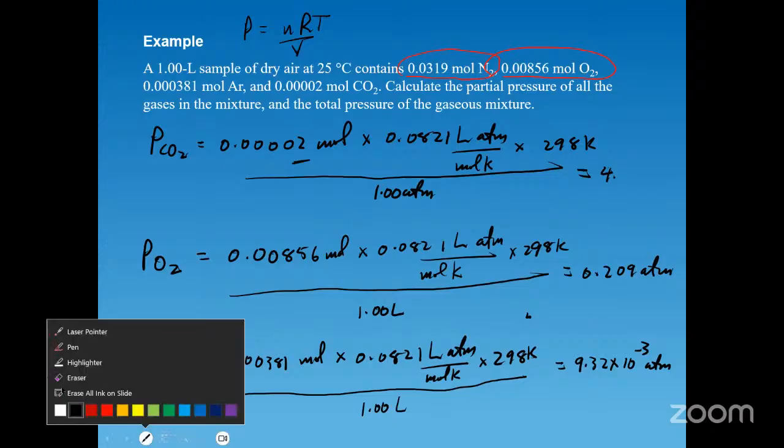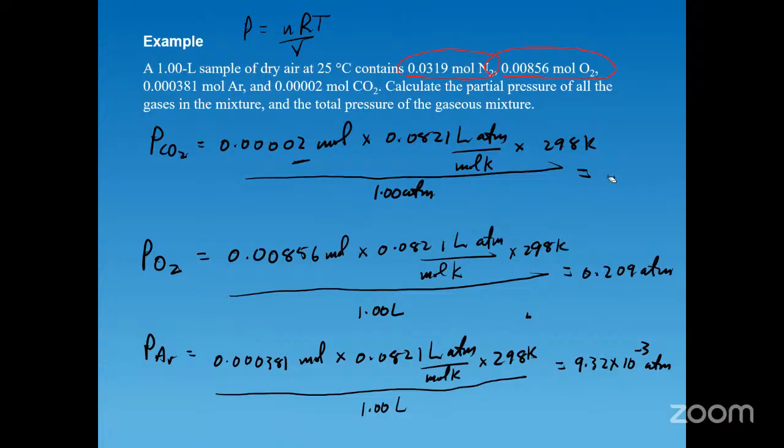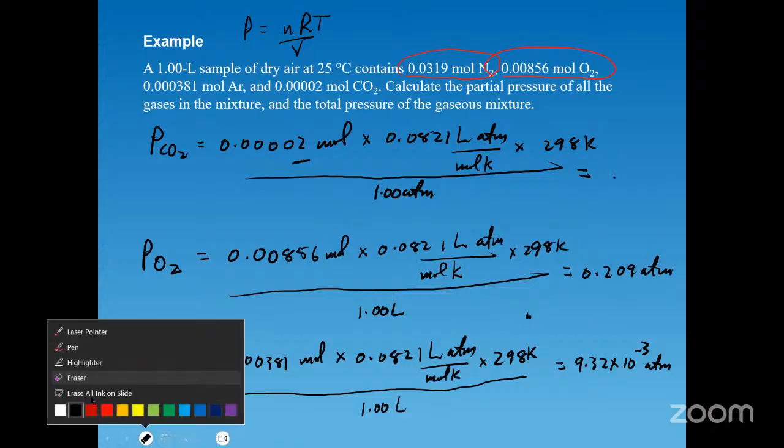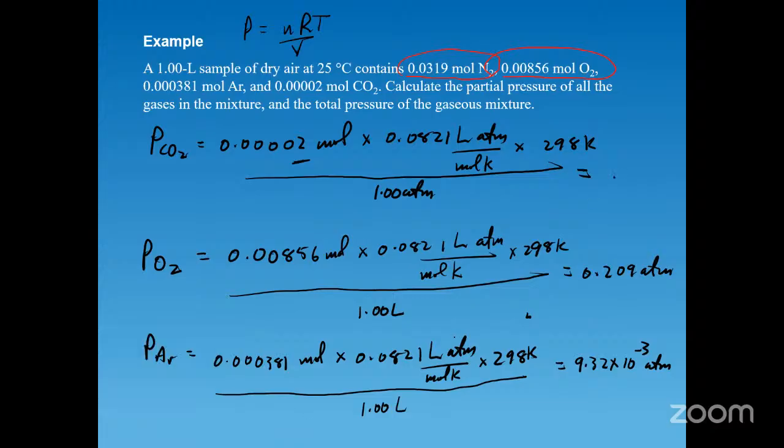So this will be 5 times 10 to the minus 3. I got 4.89 times 10 to the minus 3, so you have to roll it out to 5 times 10 to the minus 3 atmospheres. All right. Okay, so that's it as far as the first part.